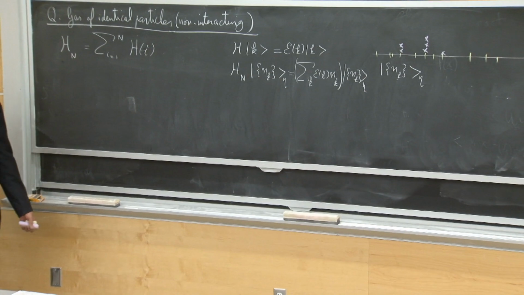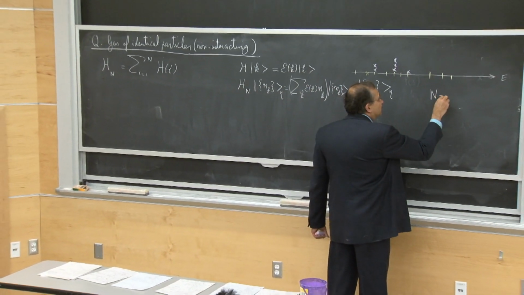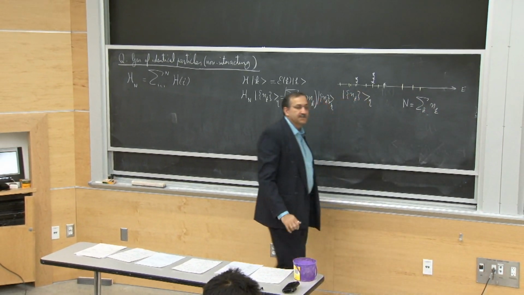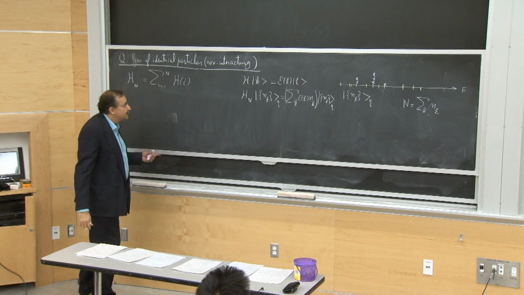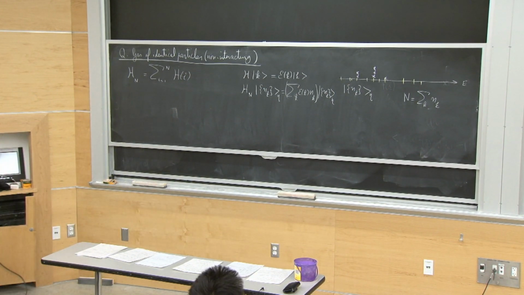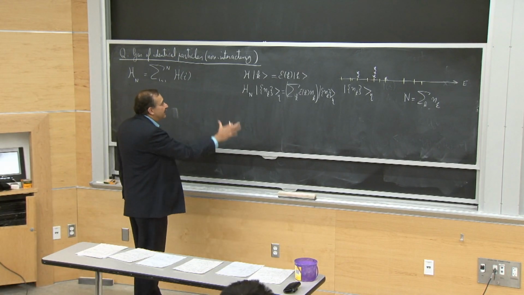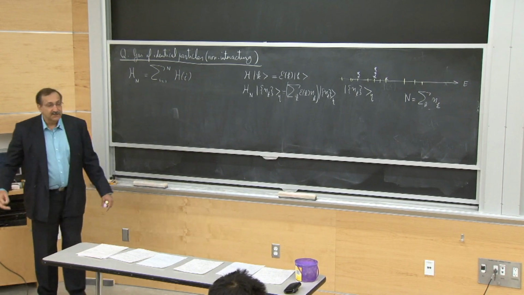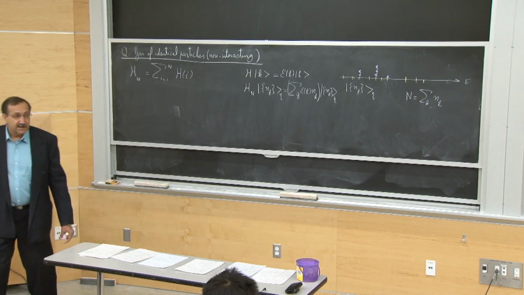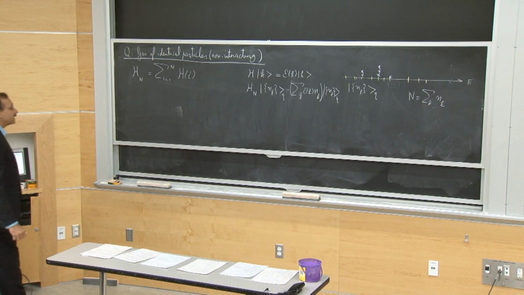Of course, we have a constraint that the number of particles matches the sum of the occupation numbers. Okay. So then we said, okay, this is just a description of the set of states that represent this system of identical non-interacting particles in quantum mechanics.